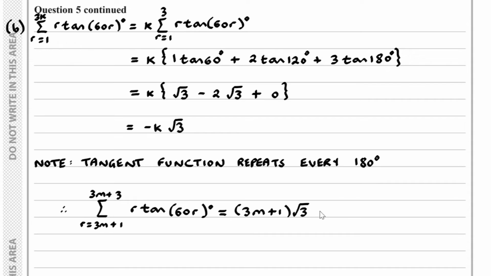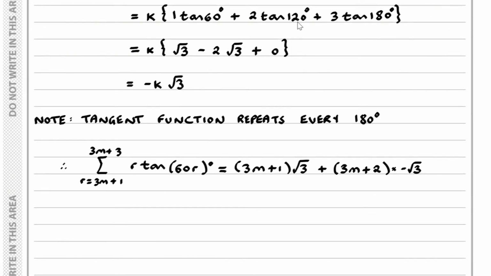And then for the next one, I would have 3m plus 2 times negative root 3, because for the next term, we have tan of 120 is minus root 3. And then for the next one, I have 3m plus 3 times by 0.